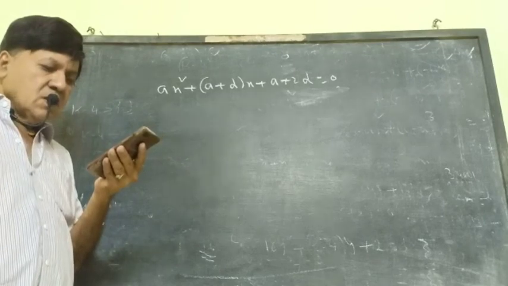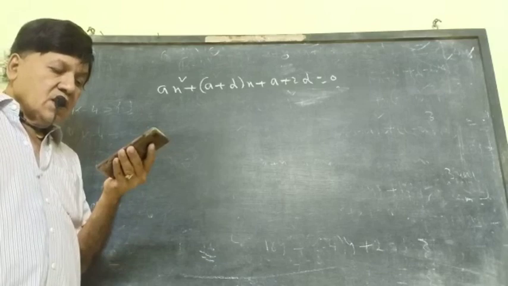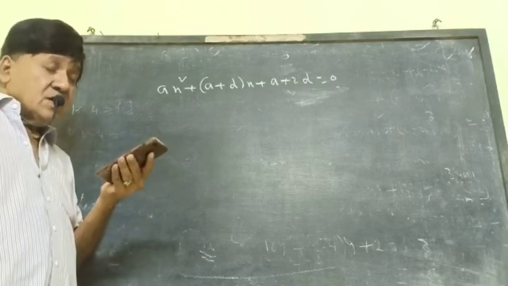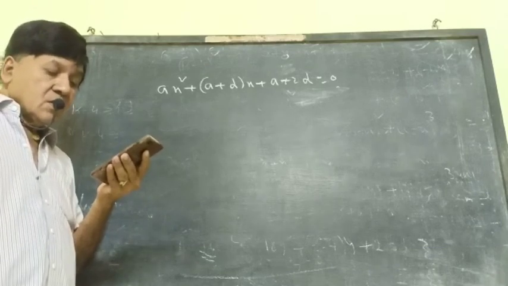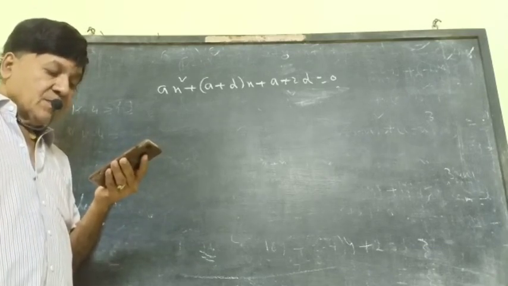So this is a quadratic equation. Of course, a, a plus d, a plus 2d are in AP. I mean, the coefficients of the quadratic equation are in increasing AP.